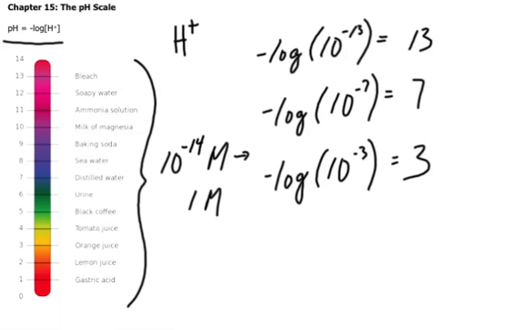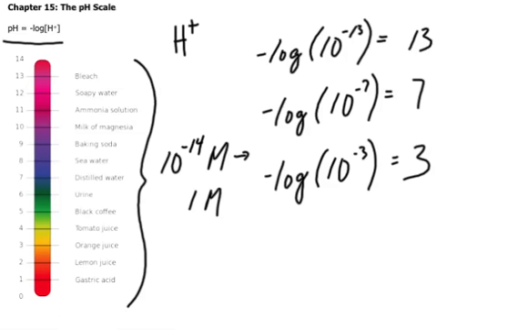So that's it. That's all the pH system is. It's a way of representing the H+ concentration that tends to give you nicer numbers that are not in scientific notation.